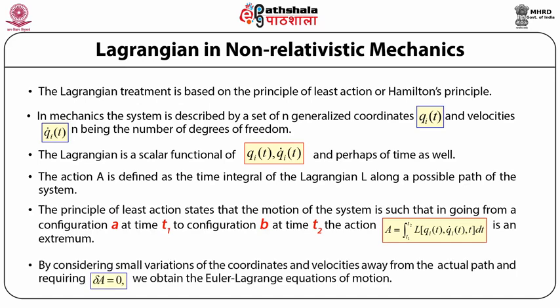By considering small variations of the coordinates and velocities away from the actual path and requiring delta A equals to 0, the condition for the extremum, we obtain the Euler-Lagrange equation of motion.